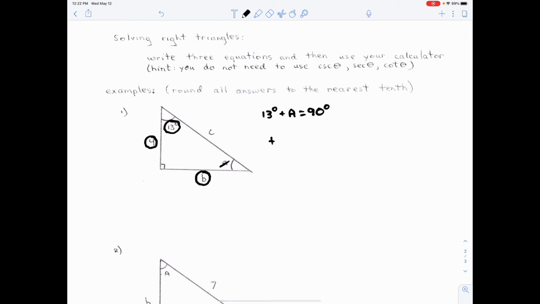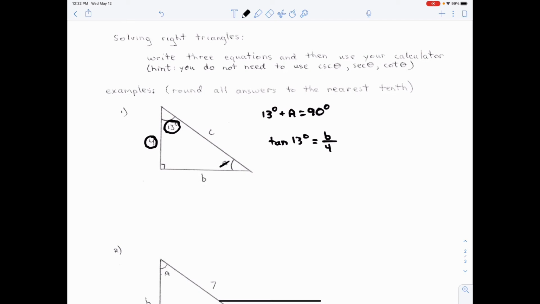So we have tangent of 13 degrees equals the opposite over the adjacent. Okay? That's the next equation.